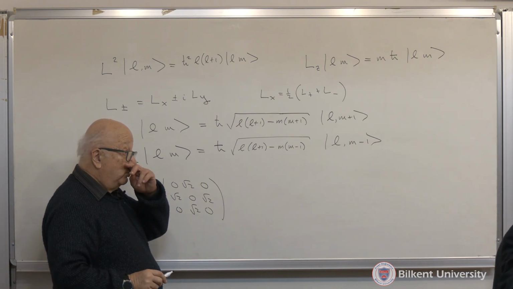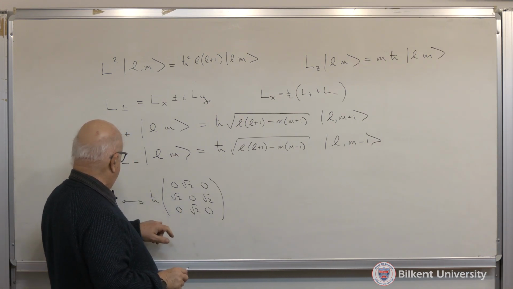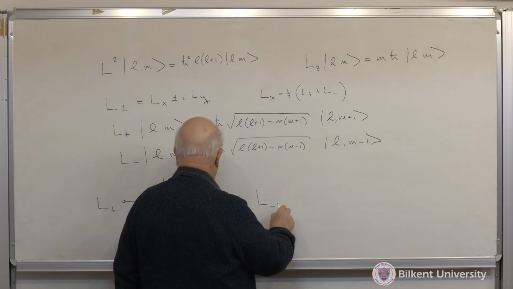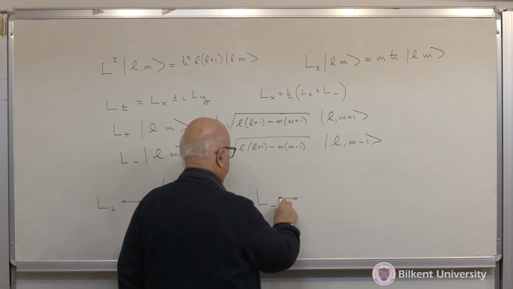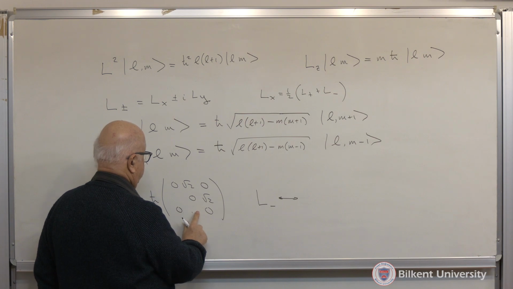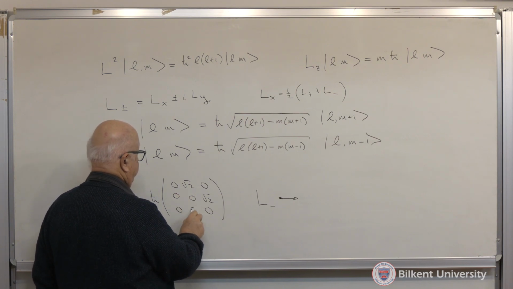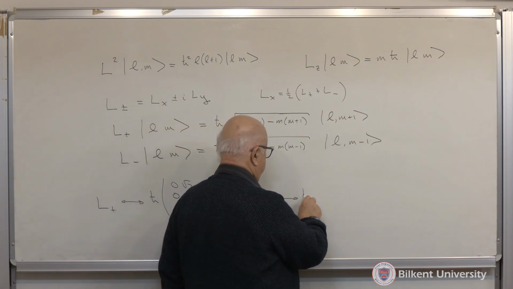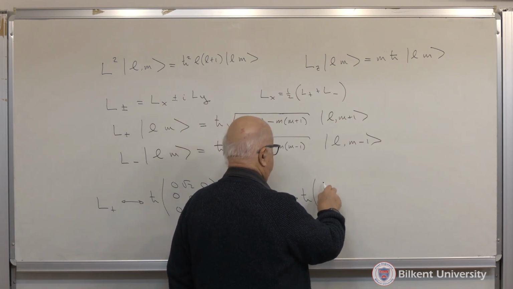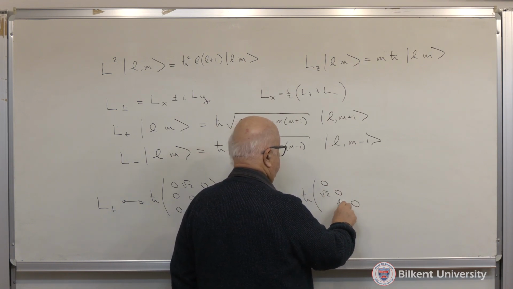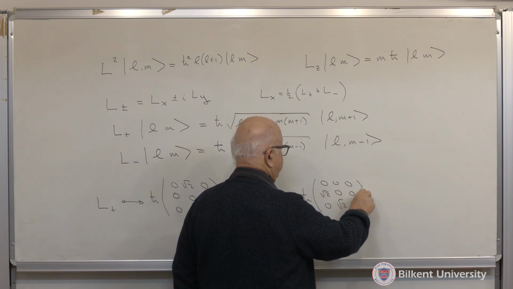So that's what we had for L plus. L plus is only upper diagonal, and L minus is the lower diagonal, so h bar times 0, 0, 0, root 2, 0, 0, 0, root 2, 0.